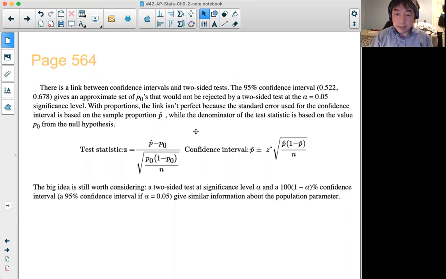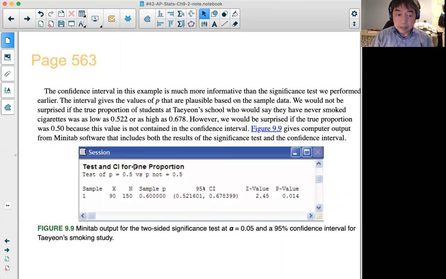Anyway, we sometimes use confidence intervals. This is a confidence interval from Minitab, like a computer output, and they're showing this one-sample Z test, 90 successes out of 150, and that becomes 0.6, that's the p hat.